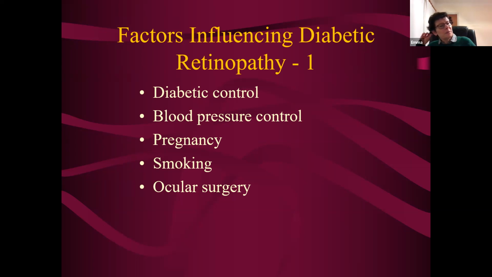Pregnancy: the pregnancy hormones can drive your diabetes, so in diabetic screening they keep a very close eye on pregnant women, and if there's any sign of retinopathy, they get referred and watched very closely. Smoking, again, is due to the ischemia and the effect on the vascular tree. And surgery.